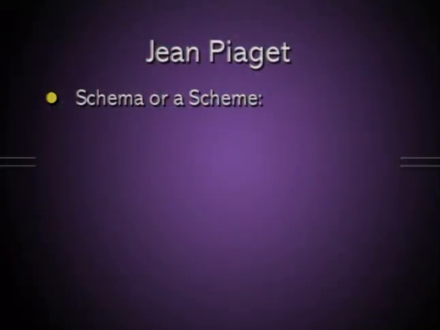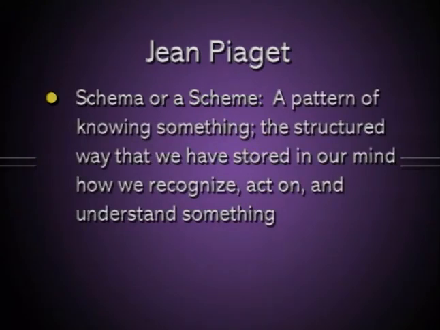Piaget called this basic unit of understanding that we have, or the units of understanding, a schema or a scheme. Now, a scheme can be defined, it's sort of vague, but I hope by our examples it'll make sense. A scheme can be defined as a pattern of knowing something, the structured way that we have stored in our mind of how we recognize and act on and understand something.